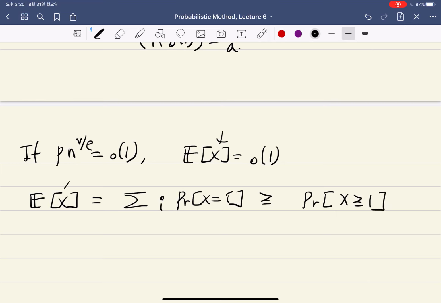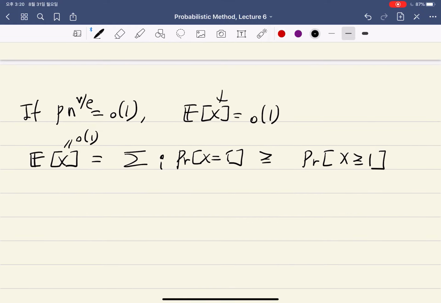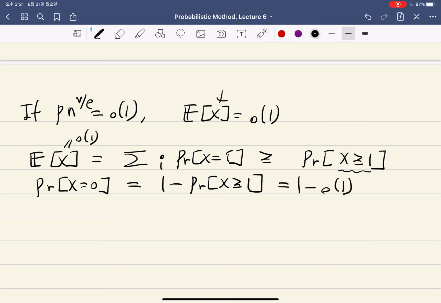But this is little o of 1. That means the probability that X is at least 1 is little o of 1, so the probability that X equals 0 is 1 minus little o of 1. So with high probability, we have X equals 0.